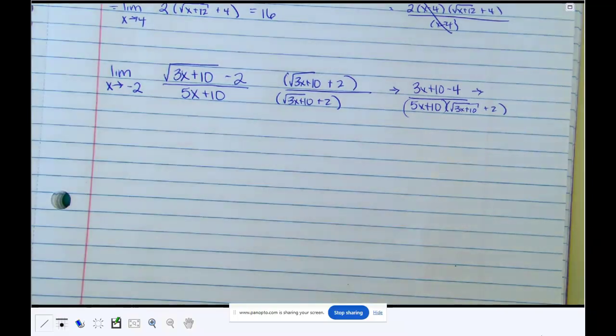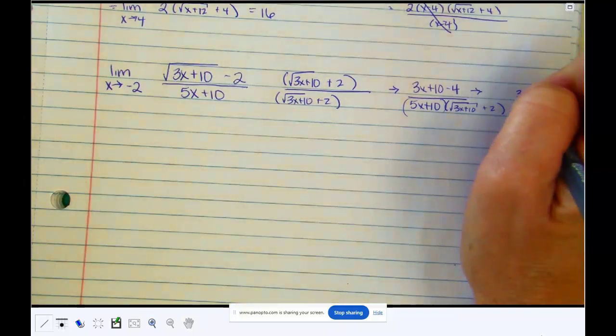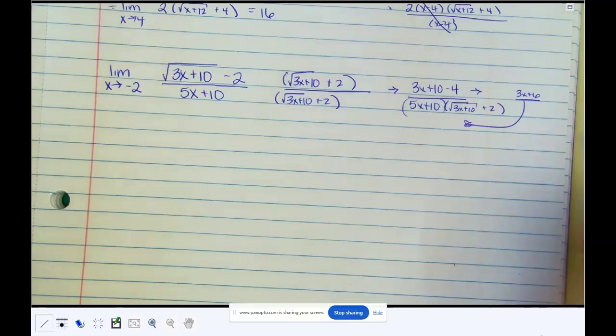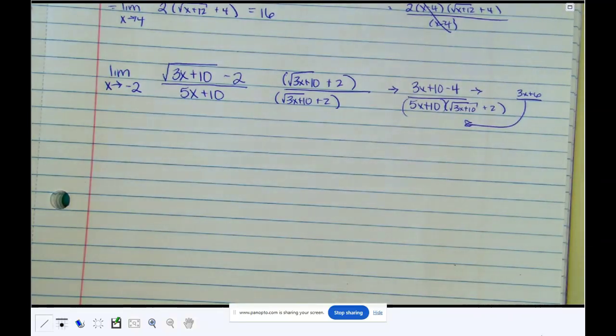Okay. What's the top simplified to? Well, I got 3x plus 10 minus 4. So 6, yep. It's just 3x plus 6 over the stuff on the bottom. Now it looks like nothing cancels.